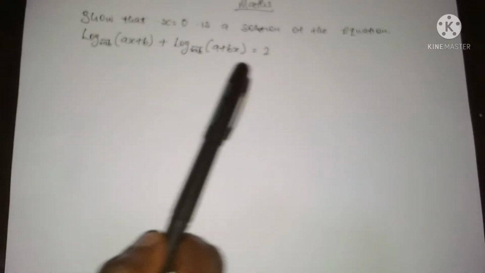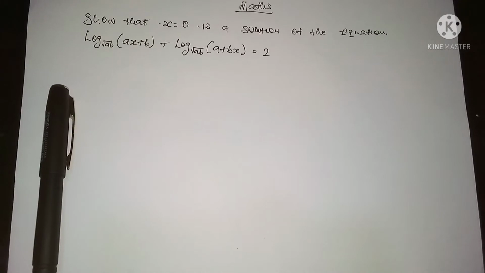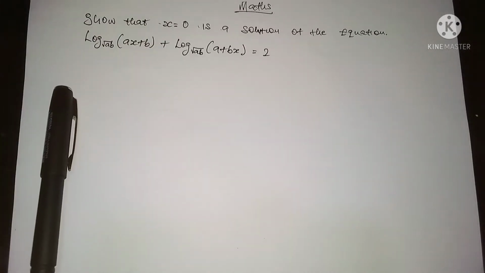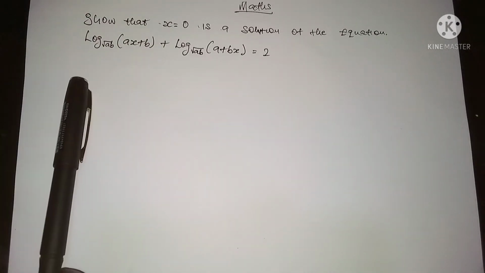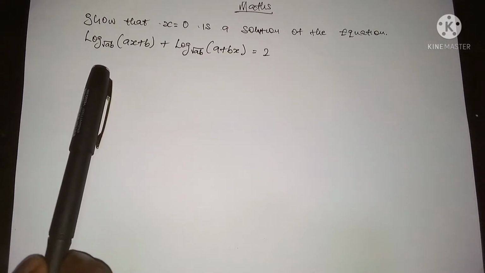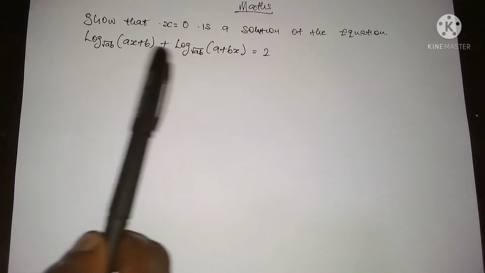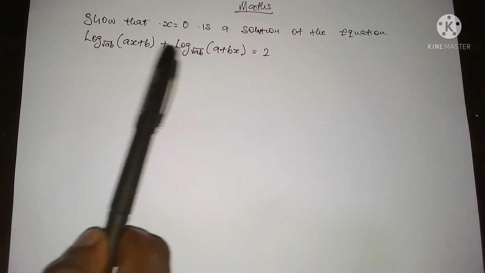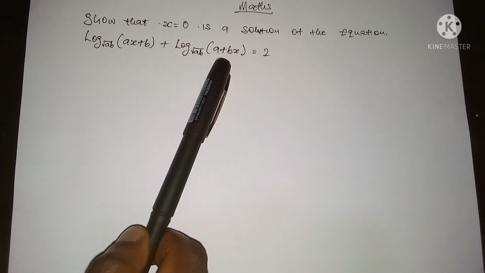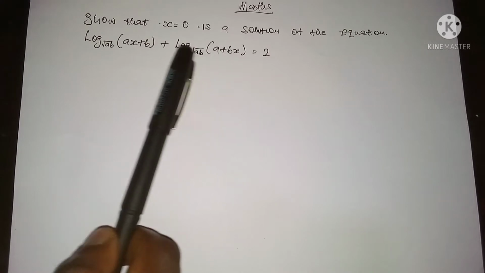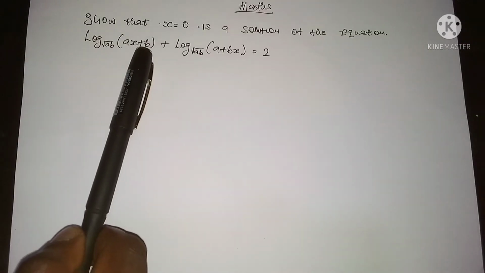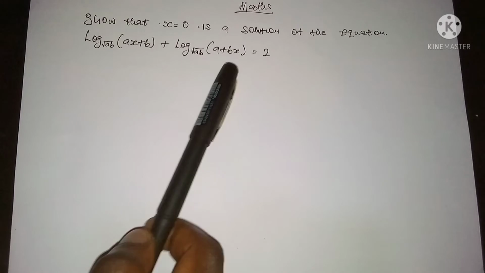Now we know that this is a logarithmic equation, so we are going to give it a logarithmic approach. And remembering the law of logarithm, anytime you have the same base, you multiply whatsoever you have. So in this case, we are going to multiply ax plus b and a plus bx.